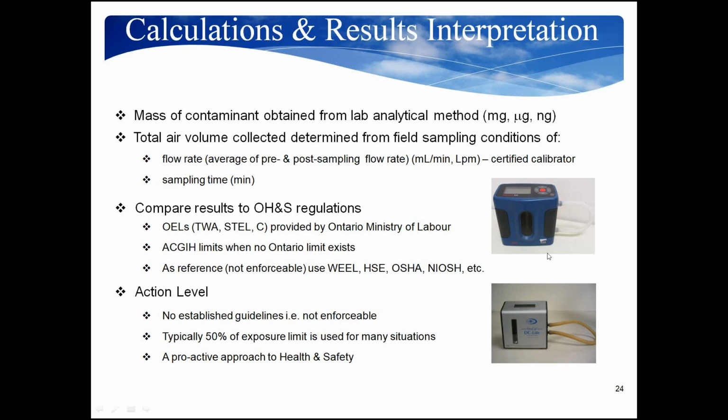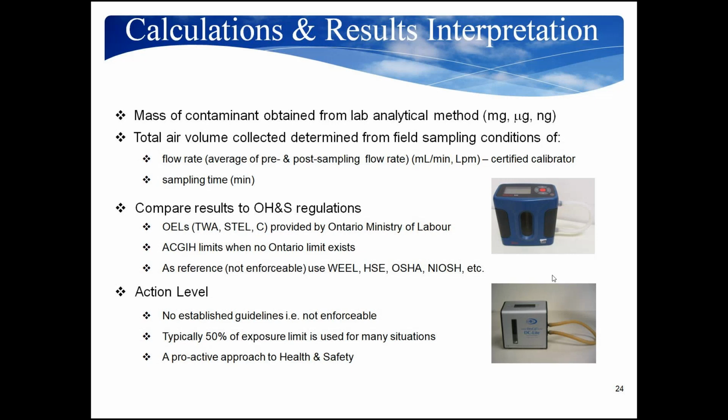This is a picture of two calibrators, and we have the sampling time. So we have the flow rate, and we have the sampling time, and we have our volume. And as we discussed earlier, the mass over the volume will give us our concentration in air. And a lot of the times we give the volume right to the lab, so the result we're getting back is already in the units we require.